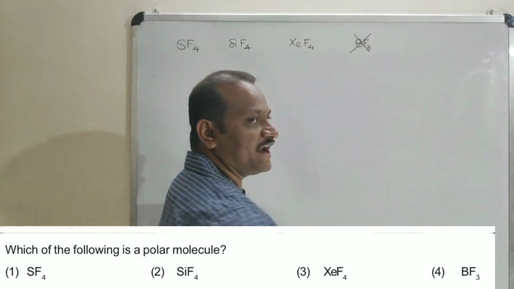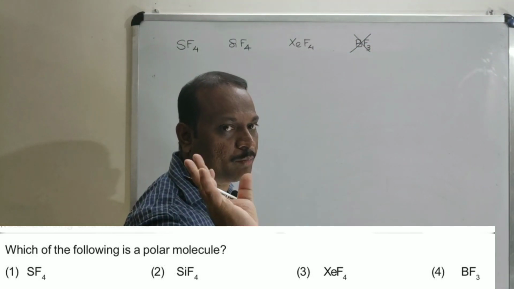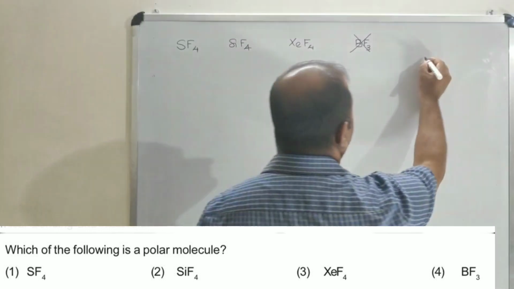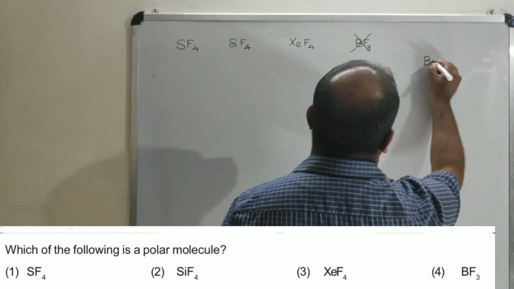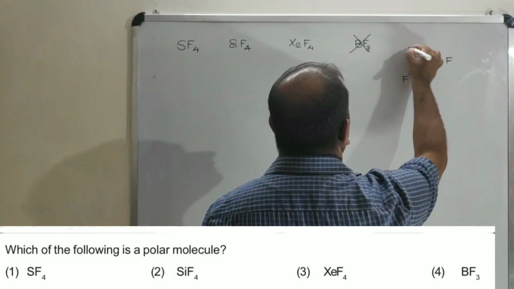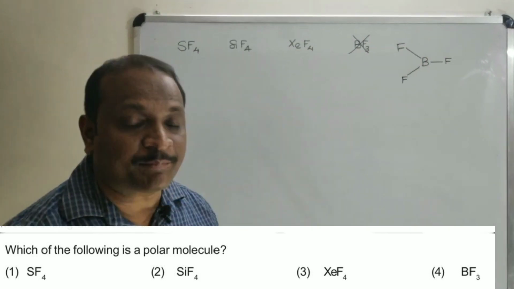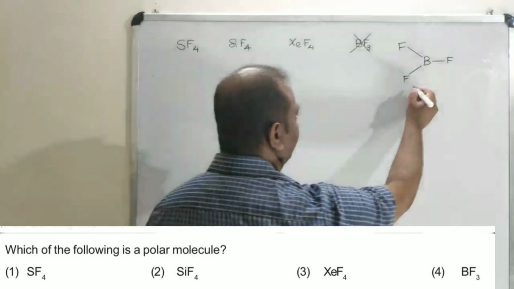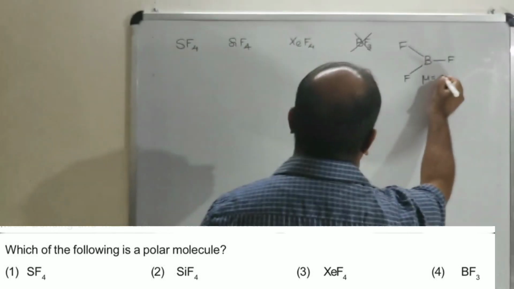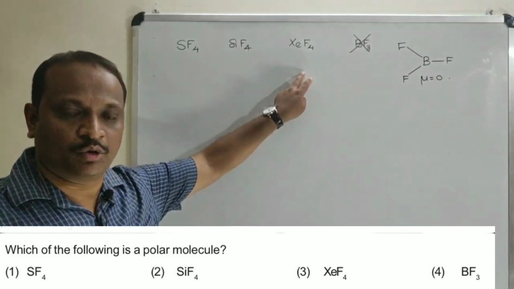BF3 is not our answer because it is not a polar molecule even though it contains polar bonds. Why is it non-polar? Because you have equally spaced BF bonds, so the net dipole moment is getting cancelled, and in this case you have a dipole moment equal to 0.